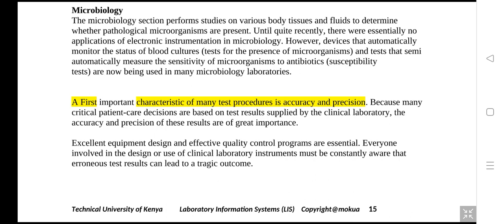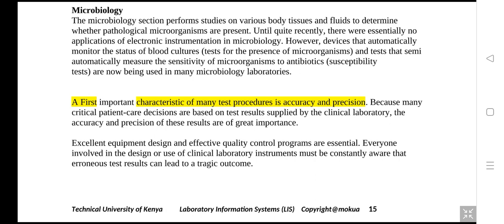So accuracy and precision is a phrase we must not miss in the lab. Whatever you do, we uphold accuracy. All your control processes, you know there are also controls in the lab, all those controls are targeting accuracy and precision.